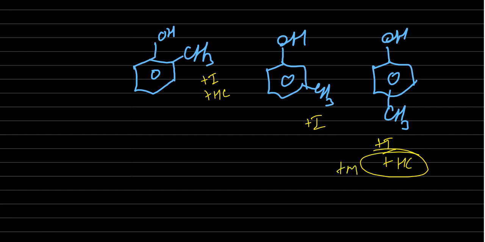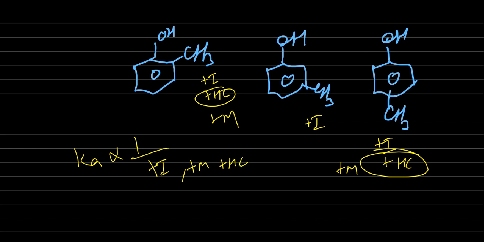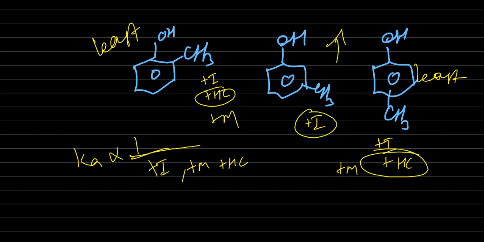Hyperconjugation is equal to plus mesomeric effect. So acidic strength is inversely proportional to plus I, plus M, plus hyperconjugation. Here the mesomeric-type hyperconjugation is there, so it is least. This is also least. So among these three, this is the better. Only an inductive effect is there.